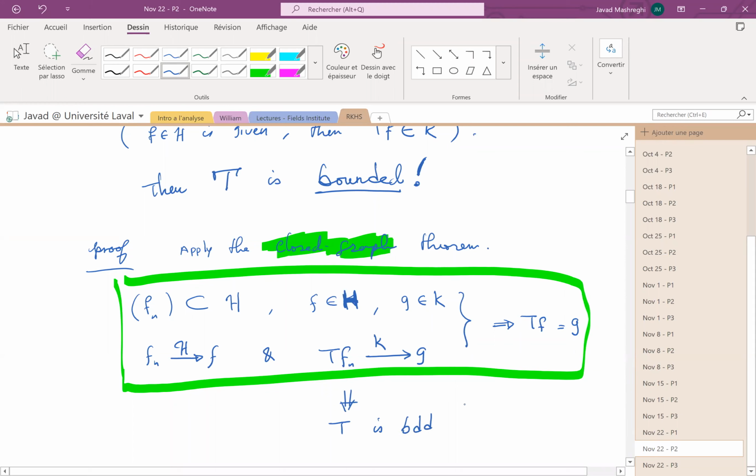That's the closed graph theorem: if the graph is closed, then the mapping is bounded.